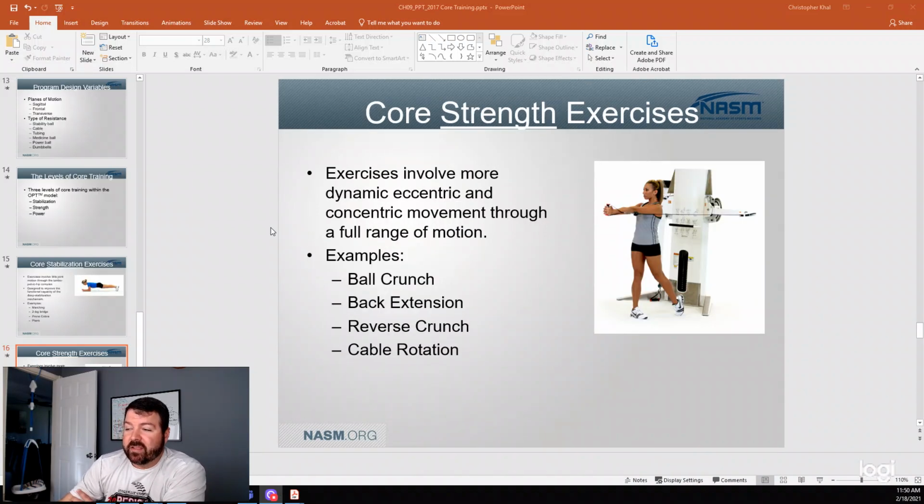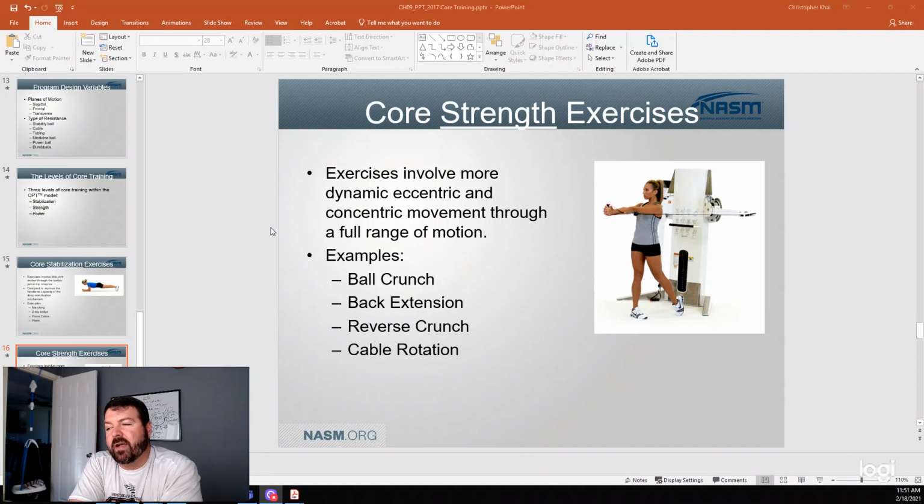Then your strength. Okay, so this could be more of the traditional exercises you do for core. You always want to start with the stabilization ones for sure. So these involve more dynamic, eccentric and concentric movements through full ranges of motion. Okay, the key thing is full range of motion. So you have ball crunches, back extensions, reverse crunches, cable rotations, as the picture shows here of the cable.